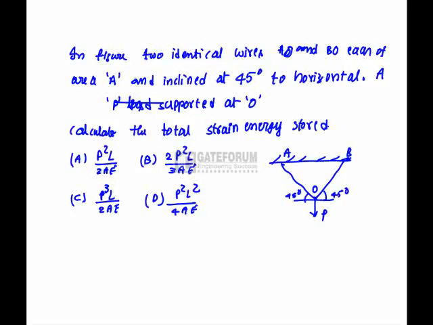The question is, in the figure, two identical wires AO and BO, each of area A, constant for the two wires, are inclined at an angle of 45 degrees to the horizontal.